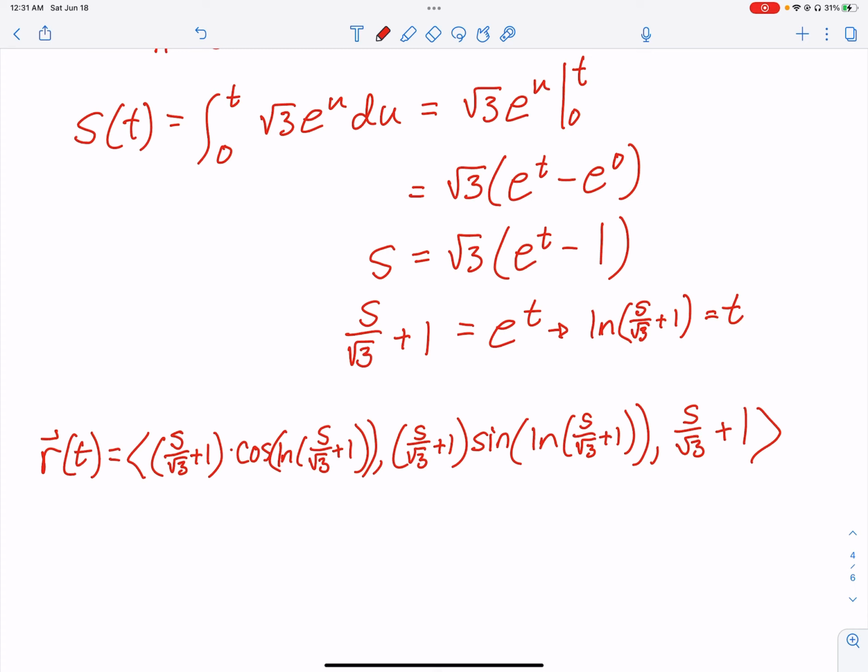Absolutely not, but it does give us two options for a unit tangent vector. We could use this formula, we could use the other formula. If I were to take the magnitude of this thing, I actually get the unit tangent vector. So it's kind of interesting. Take a look at that if you'd like to explore that option.